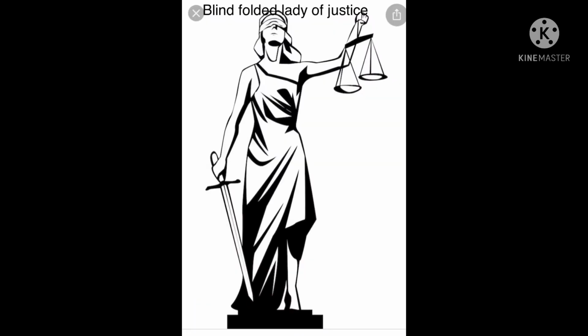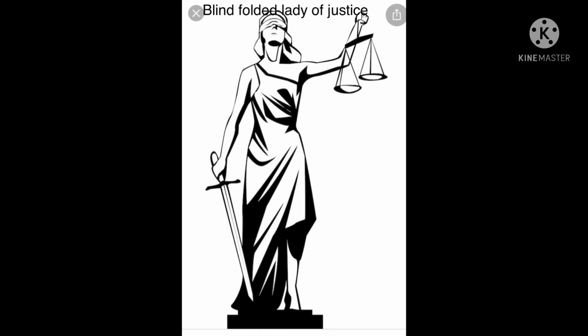Now this picture is the Lady of Justice. As you can see, she is blindfolded and she is holding a weighing balance, showing that whatever may happen, there has to be justice for each and every person in the country.